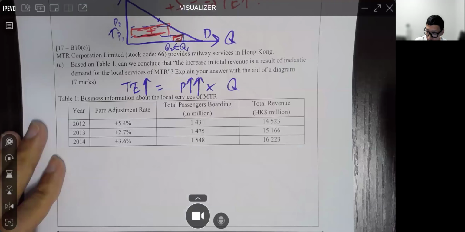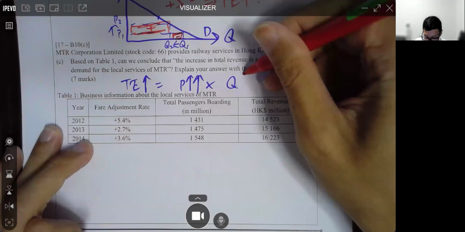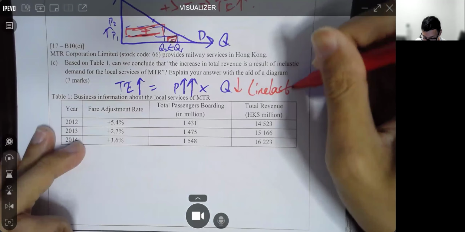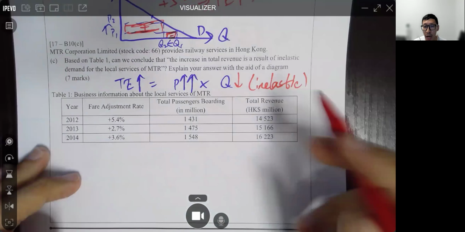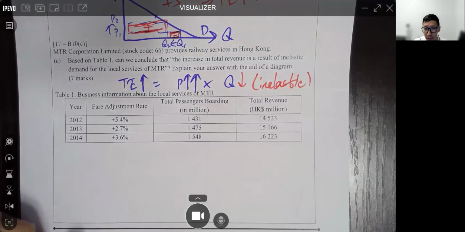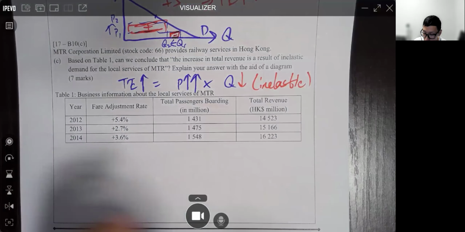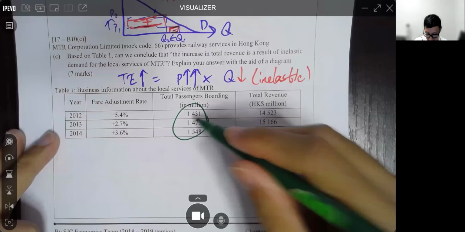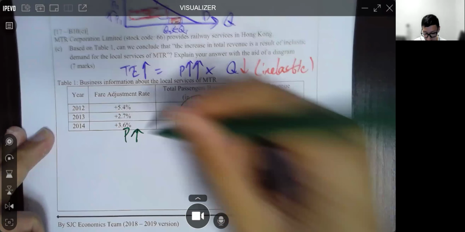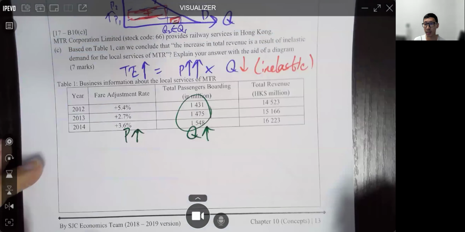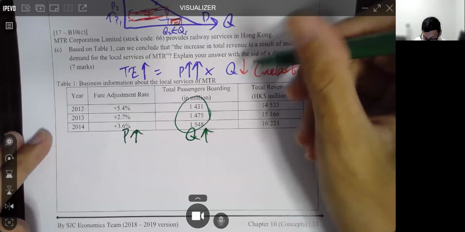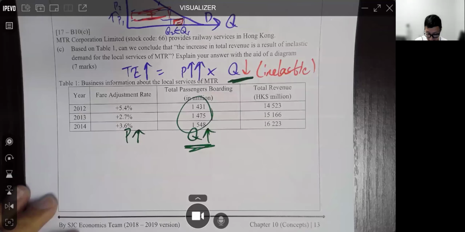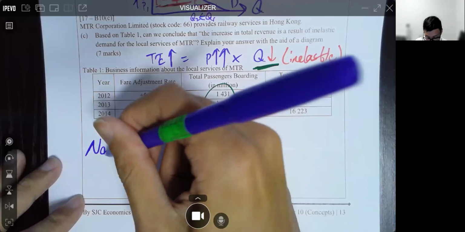Here also increase, which means to balance this equation, this one would drop, which means inelastic demand. They are asking whether we can conclude this. Of course, the answer is no. Why? Look at here. What happens? P increases, Q increases. 見唔見到個問題邊啊？This one decrease, this one increase. Therefore, the answer is actually no.